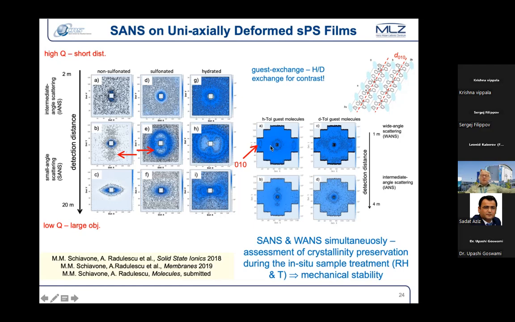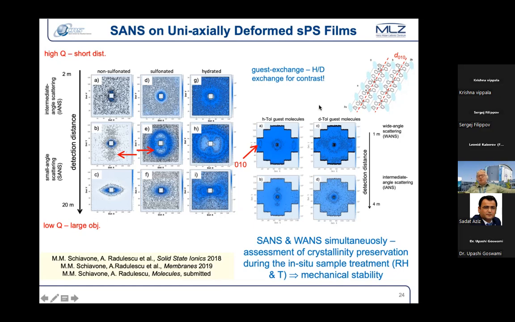What is important at very high Q, playing with the contrast in the crystalline lamellae, is that we can observe the 010 crystalline reflections when we load the sample with protonated guest molecules, while when we load with deuterated guest molecules, we don't see these scattering features anymore. I forgot to mention that in order to keep the background low, we always work with deuterated syndiotactic polystyrene stretched film.